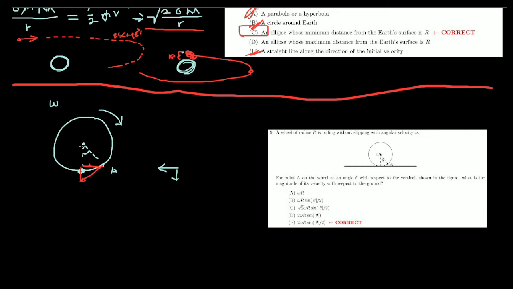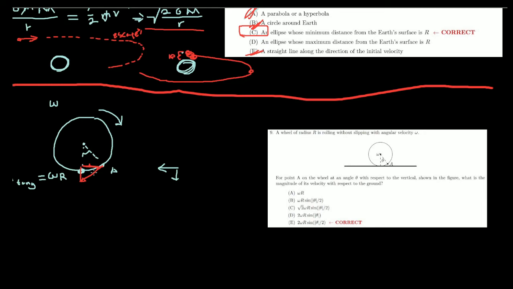We already know that the tangential velocity of A is just going to be omega R. So that's the tangential velocity.